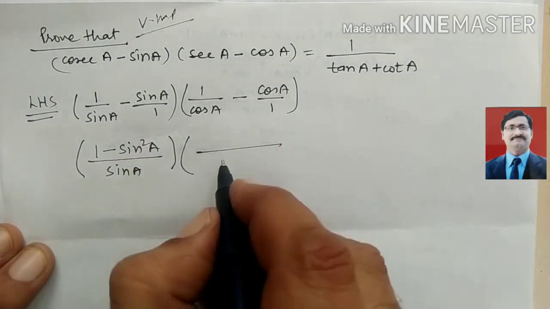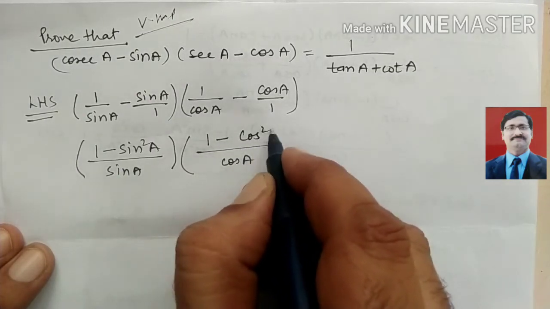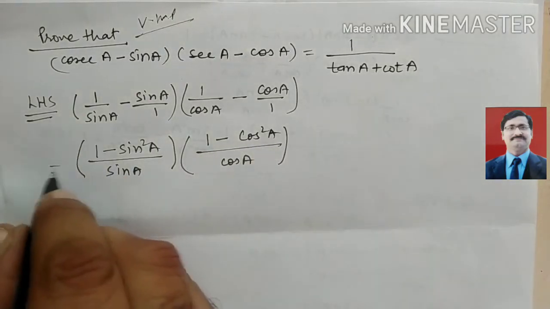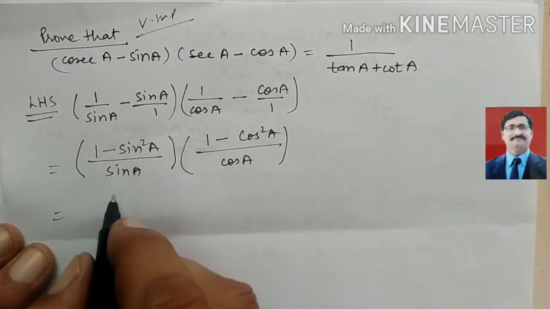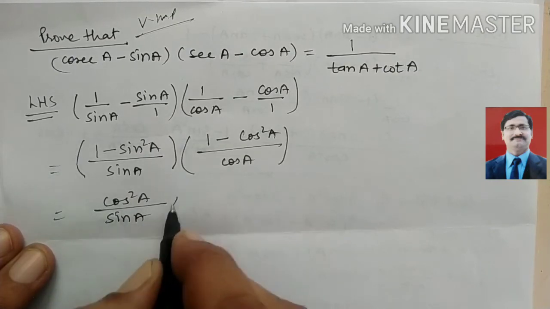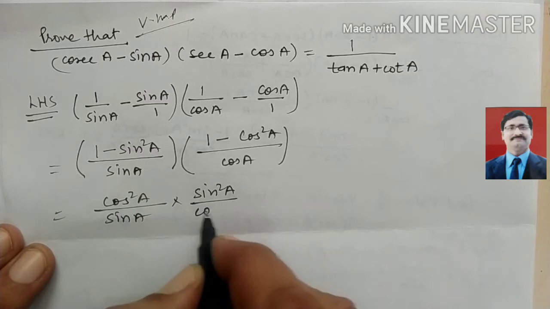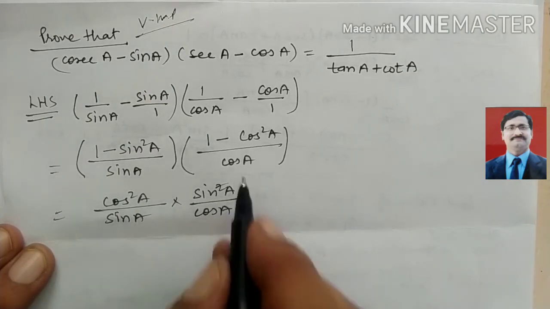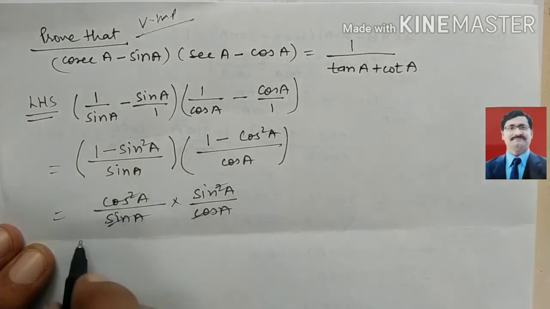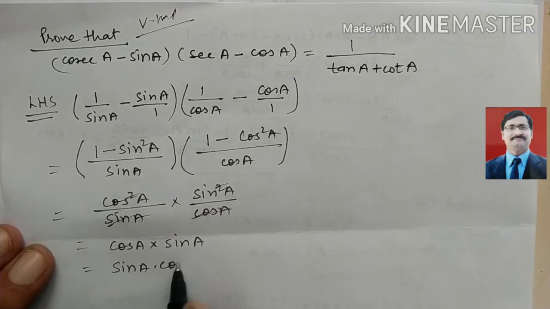Similarly in the second bracket, cos a is LCM, so you get 1 minus cos square a. 1 minus sin square a is cos square a, upon sin a as it is, into 1 minus cos square a, which is sin square a, upon cos a. Sin square a and cos square a, one sin is cancelled and one cos is cancelled, and you get cos a into sin a, or you can write sin a into cos a. All of you understand this?